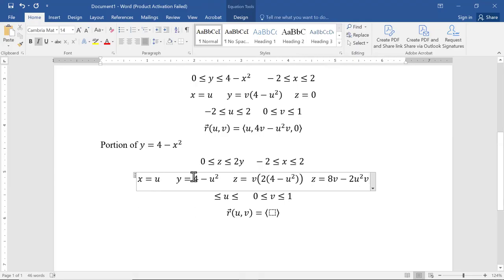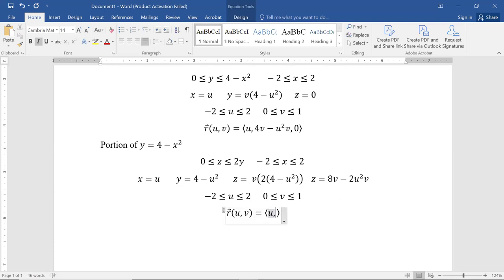Again, u is equal to x, so u has bounds from negative 2 to 2. V goes from 0 to 1, and therefore my parameterization is u, comma, 4 minus u squared, comma, 8v minus 2u squared times v.